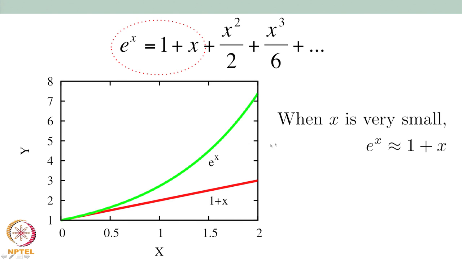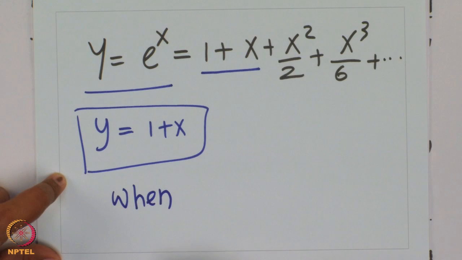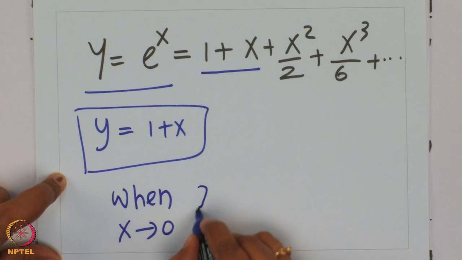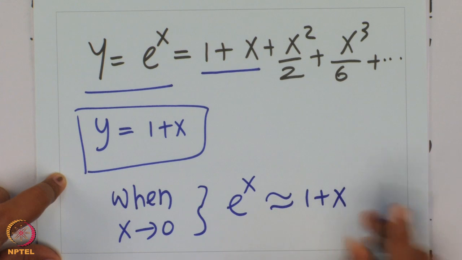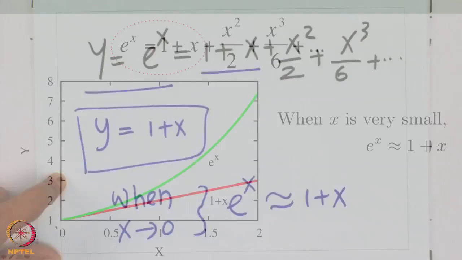This tells us that when x is very, very small, when x is close to 0, e power x is approximately 1 plus x. So here, very close to x equal to 0, e power x is 1 plus x. So that's what is written here. When x is very close to 0, e power x is approximately 1 plus x. That's what this comparison tells us.